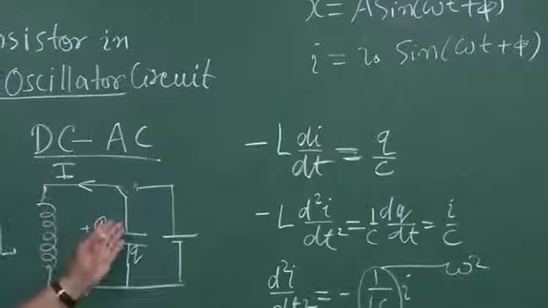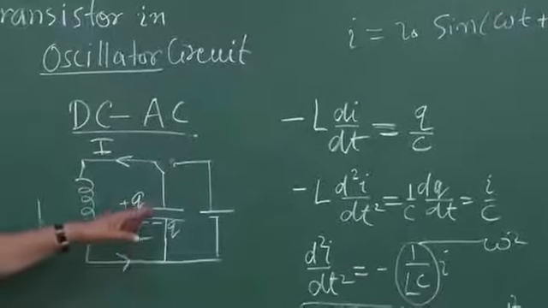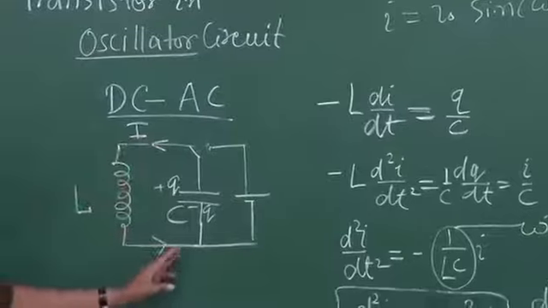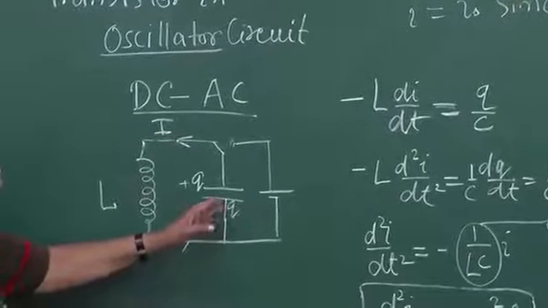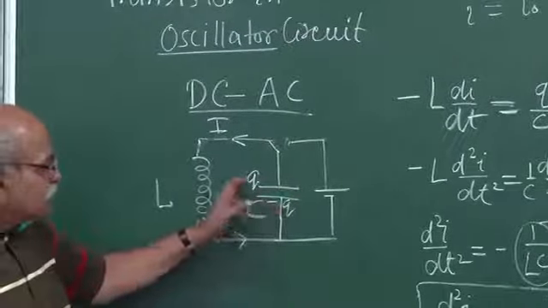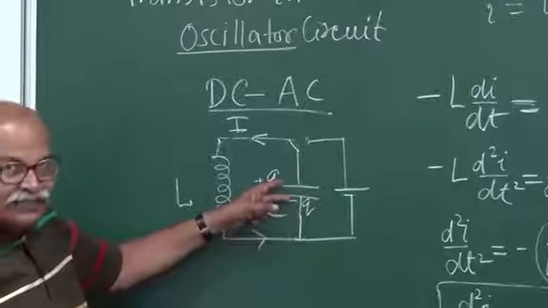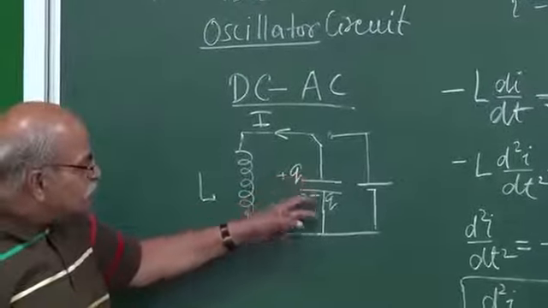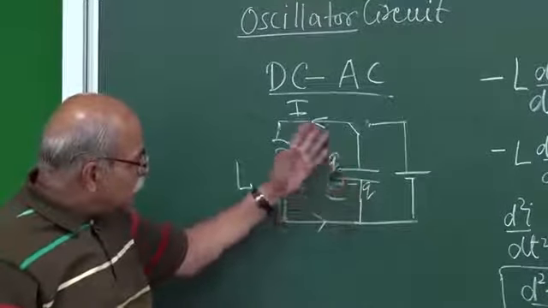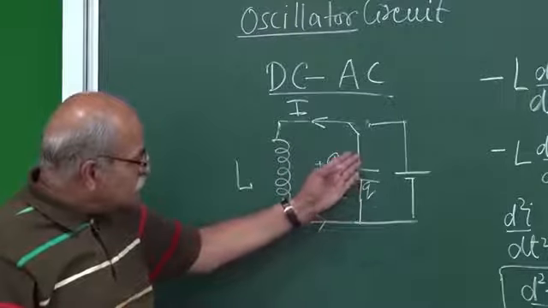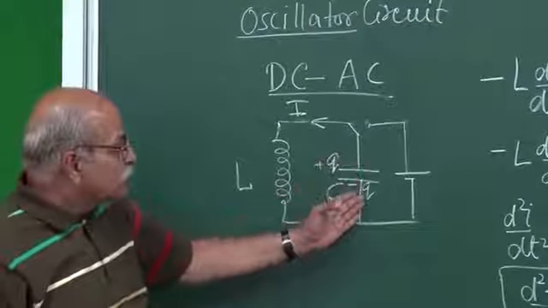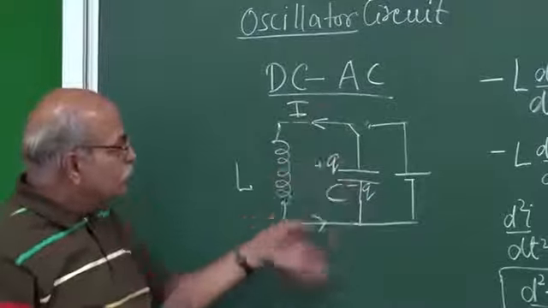That means when this charge becomes 0, if the current is this way, then you are neutralizing this charge. Electrons are going from this plate to that plate, and hence this Q is decreasing, and then it becomes 0 at a certain extent, and after that it is reversed. So the current still goes in this circuit, and this becomes negatively charged, this becomes positively charged, and the magnitude will be minus Q here and plus Q here, and then the cycle will repeat.